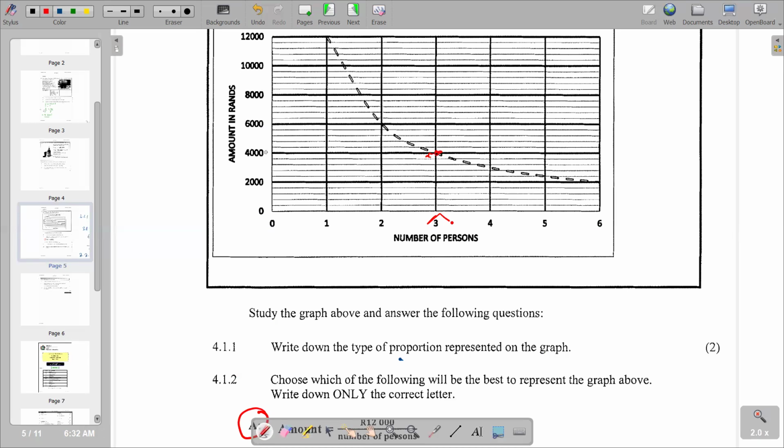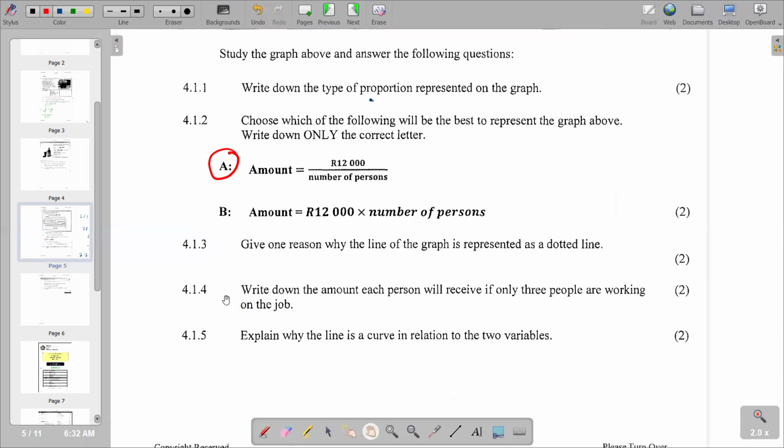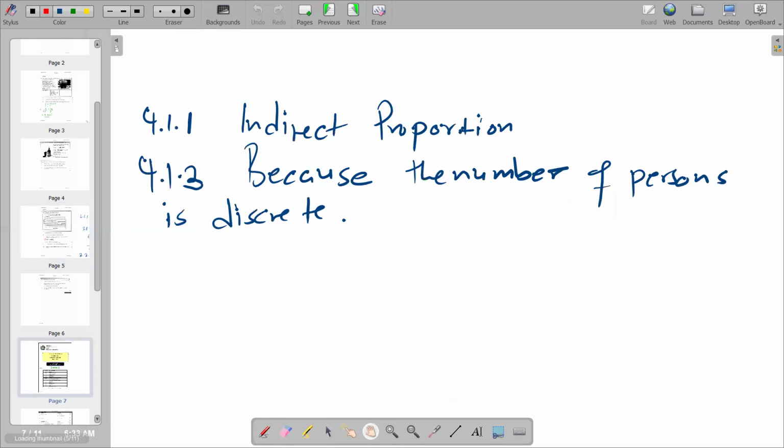We are now at 4,000. So our answer is 4,000 rands. So for 4.1.4, our answer is 4,000 rands.